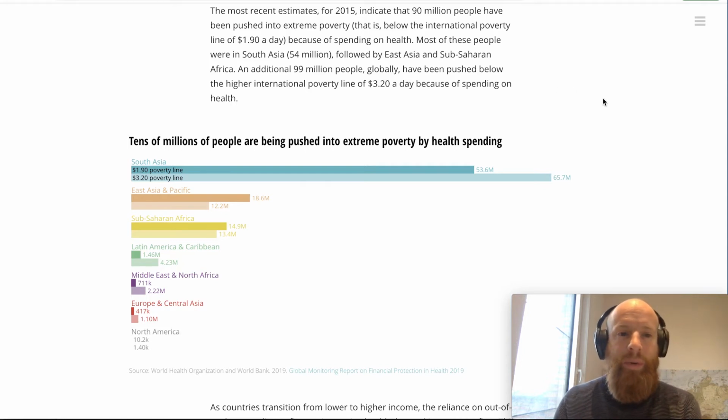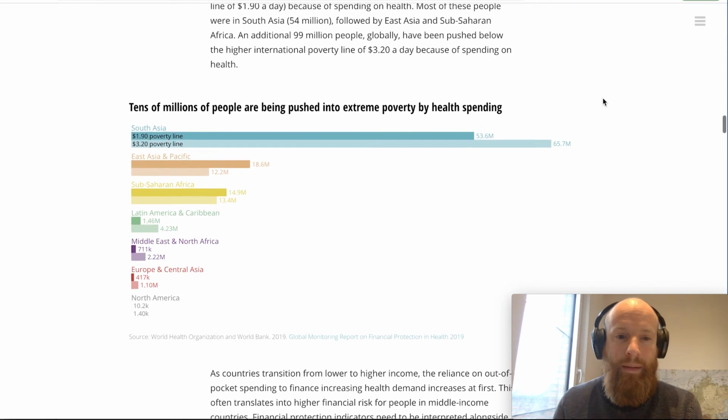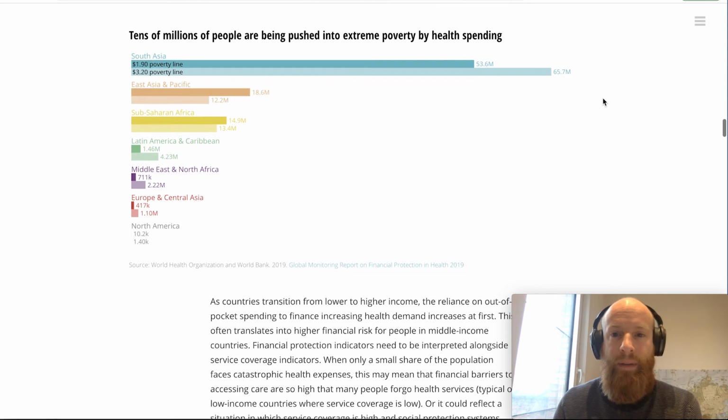It shows you by region how many people each year are put into poverty because they needed to have access to healthcare. As you can see here, it talks about millions of people. So this is really an important problem, especially in South Asia, East Asia and Pacific and Sub-Saharan Africa.